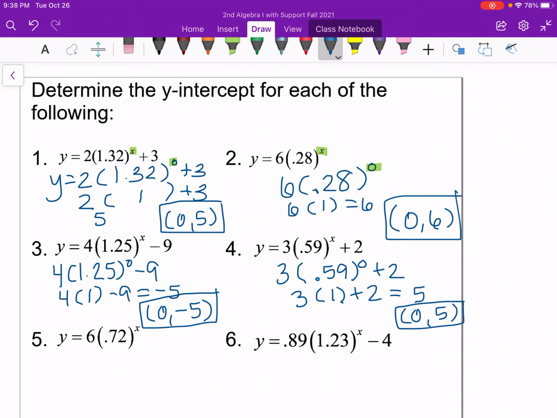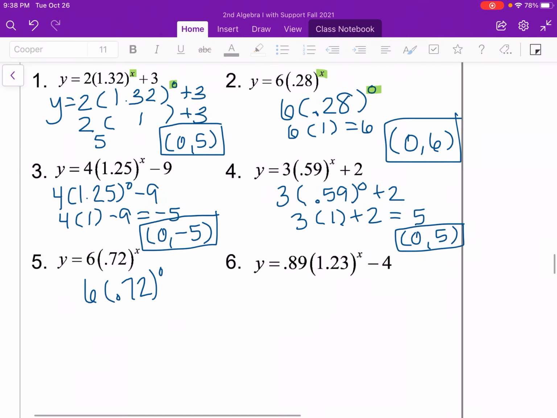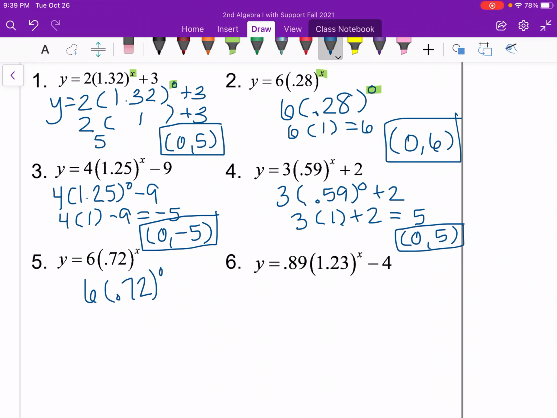Number 5 is 6 times 0.72 to the 0. 0.72 to the 0 is 1, so this is really 6 times 1, which is 6. So this y-intercept is 0, 6.